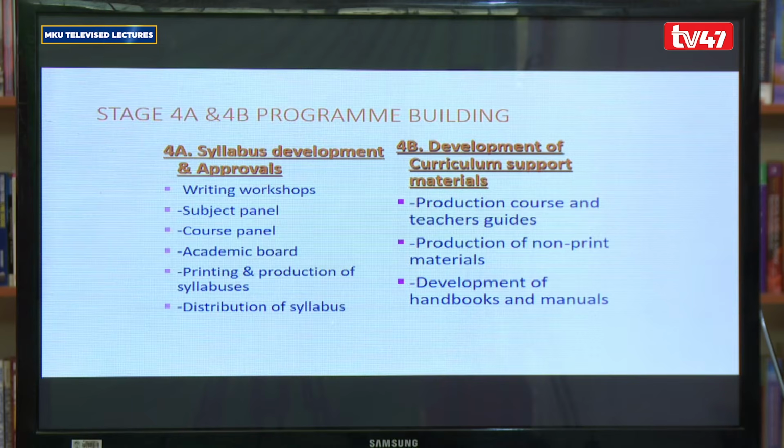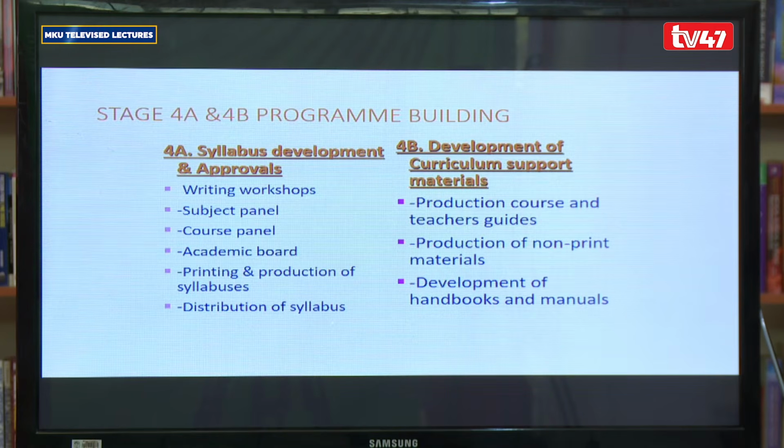has A and B. This involves program building. 4A is where the syllabus development and approvals is done. It involves writing workshops, subject panels, course panels, academic boards, printing and production of syllabuses, distribution of those syllabuses.